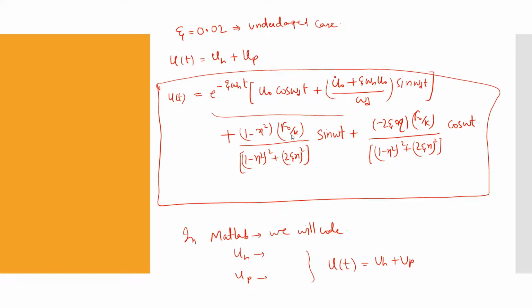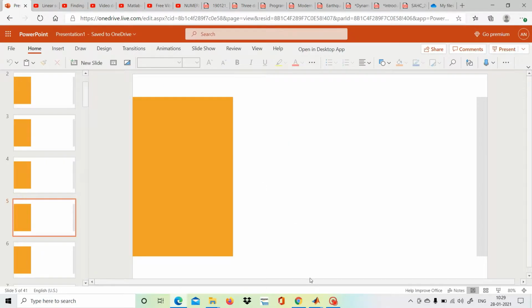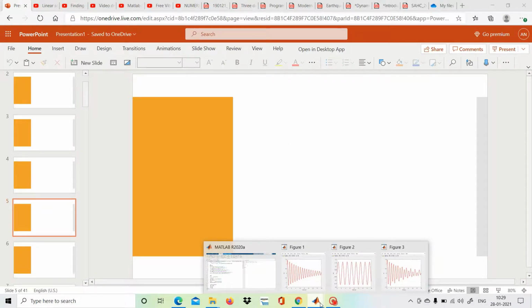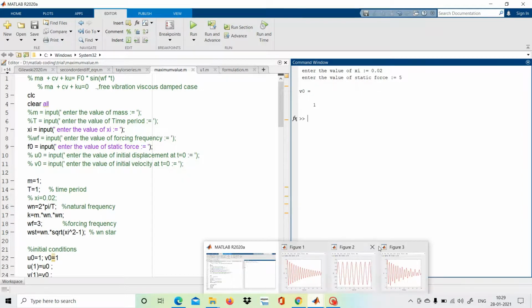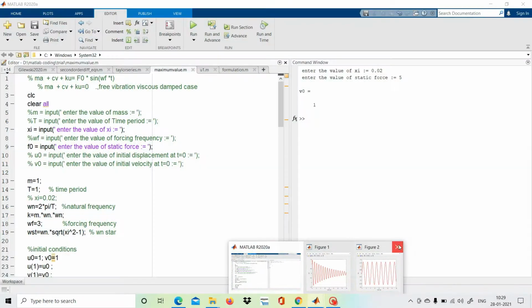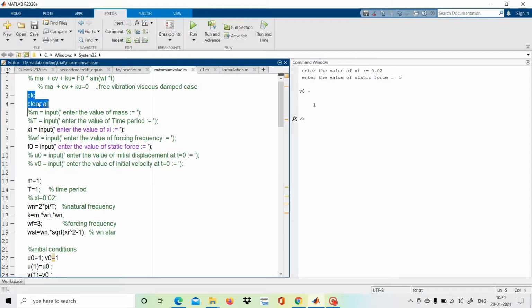So let's go to MATLAB. First we will clear all.